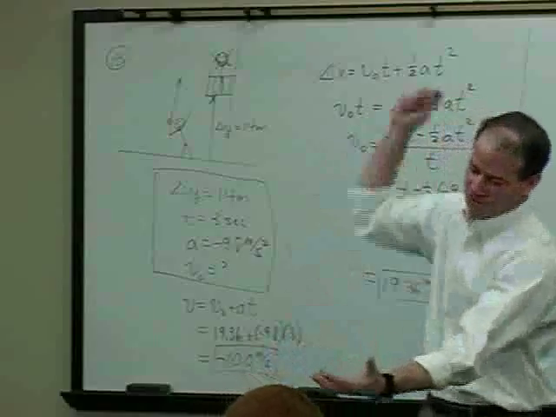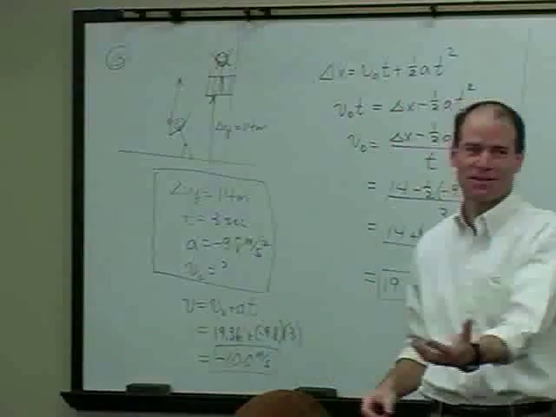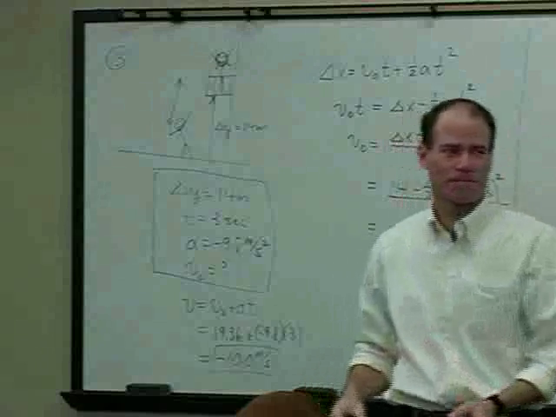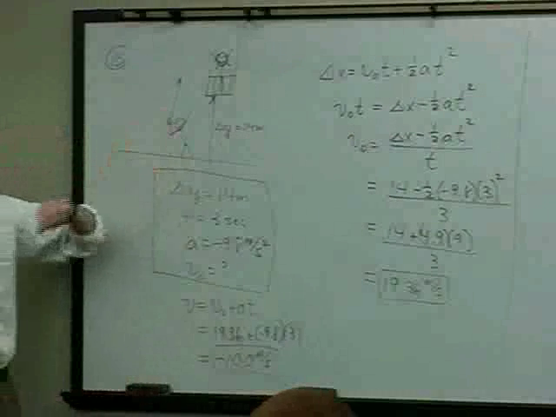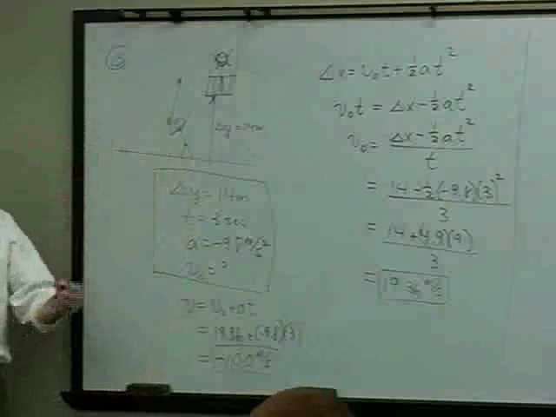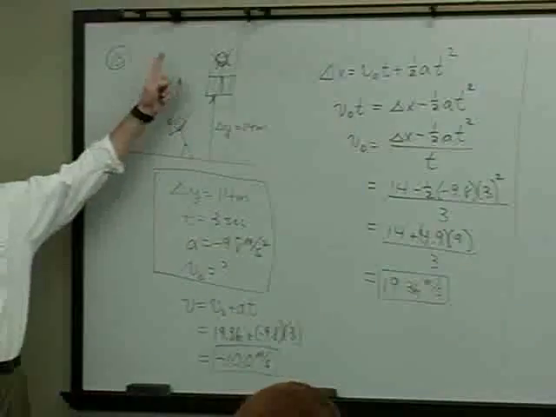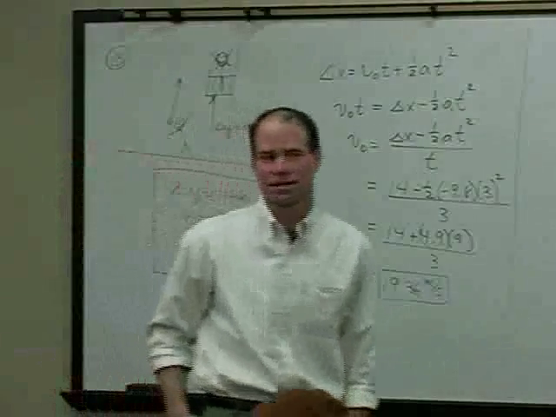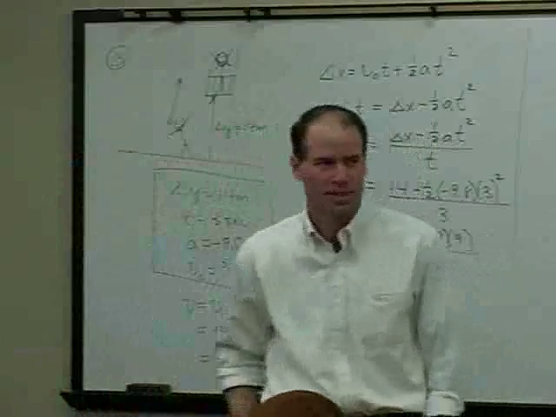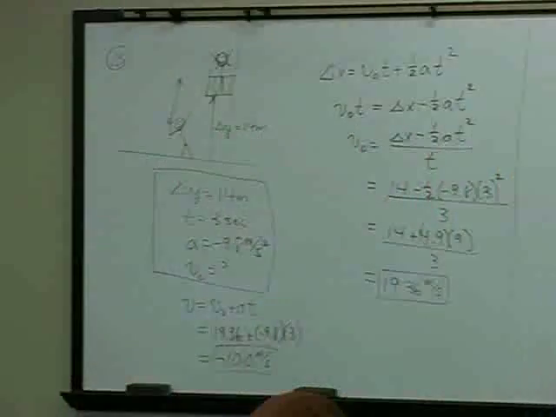So almost as if I had just thrown it right into my glove. Okay. So in this particular case, when she catches the ball on the way down at 10 meters per second, on the way up, when it passed her, it was moving at 10 meters per second. Exactly mirrored.